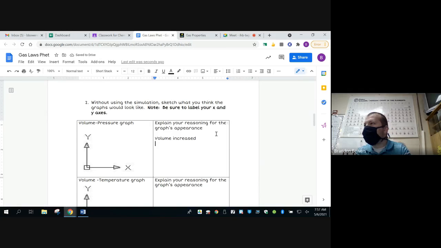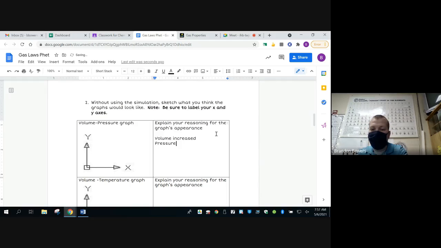Well, hold your finger on the temperature. If V goes up, what happens to P? Down. P goes down.